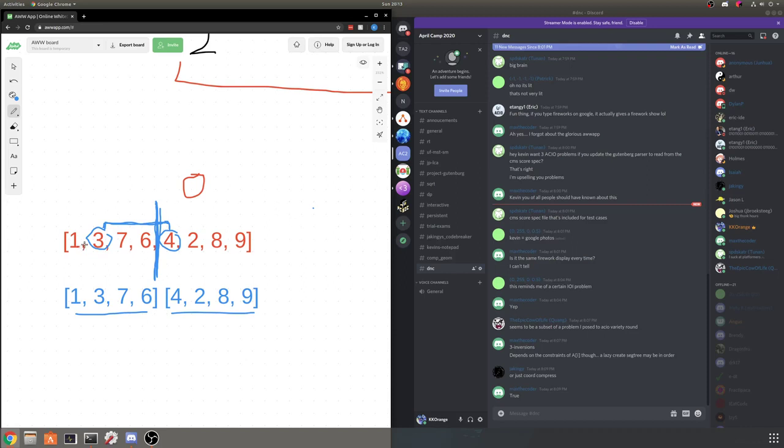Well, first let's figure out how fast this is, ignoring the problem of having to count this. So let's say that we can do this count here in linear time.